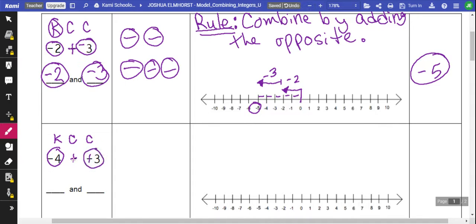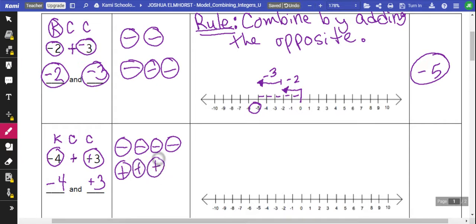So what we're really doing is, instead of subtracting -3, we have -4 and we have +3. Okay, so going to the chips, we have 1, 2, 3, 4. And then we have +3. 1, 2, 3.